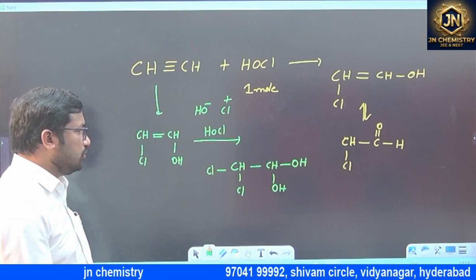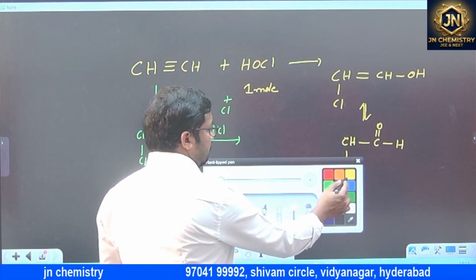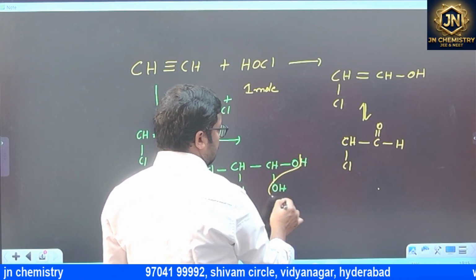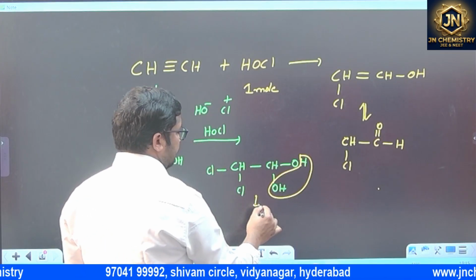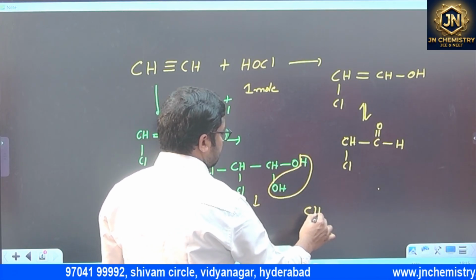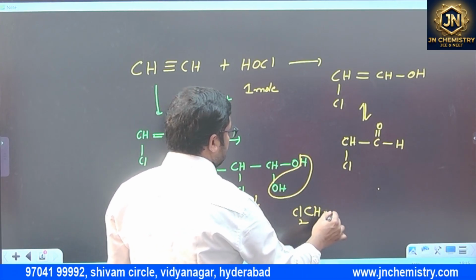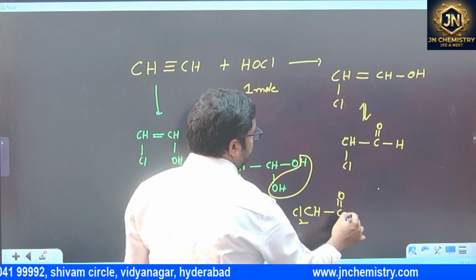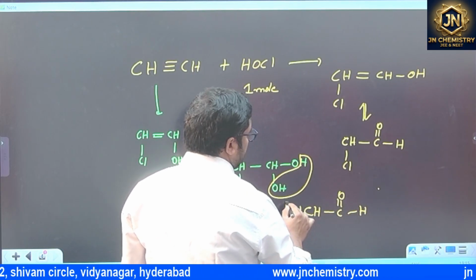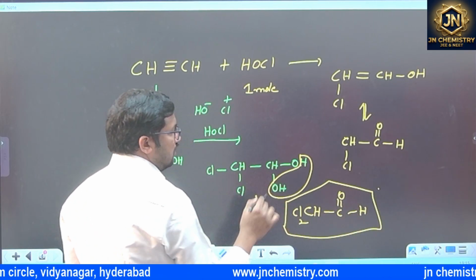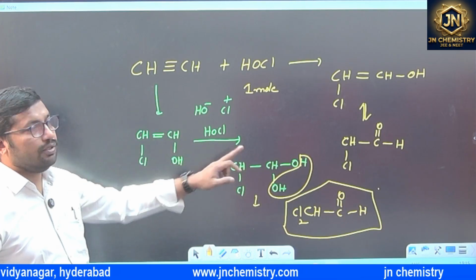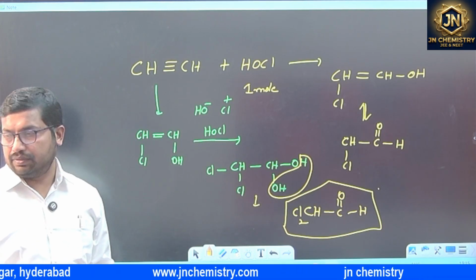It's unstable, it's losing a water molecule. So we'll get CHCl2, C=OH. Write down the 1 mole product and the 2 mole products. Both are important. Write it down now.